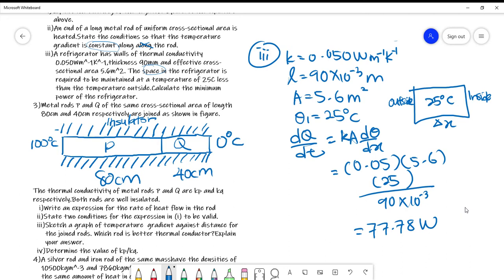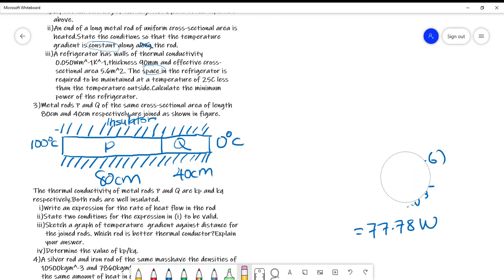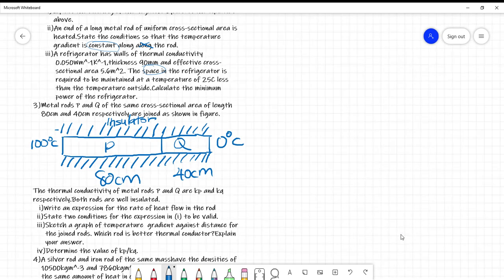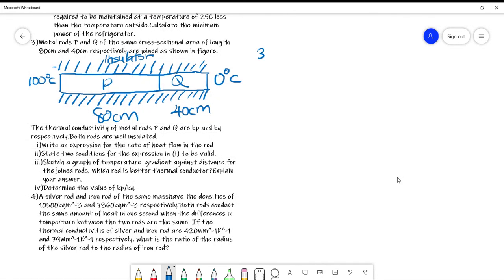Alright, so we have done question number 2, and let's move on to question number 3. Okay, let me drag it down. So this is number 3. Metal rods P and Q have the same cross-sectional area, with lengths 80 and 40 respectively, and are joined as shown in the figure.